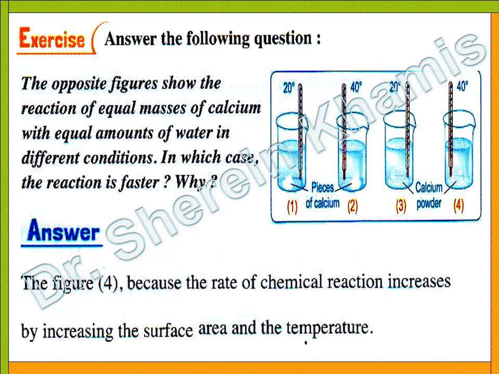Figure 4 here will be the faster one as it has high temperature and also powder, so the surface area exposed to reaction increases. So figure 4, because the rate of reaction increases by increasing surface area and temperature. We collect the two previous factors: temperature and surface area exposed to the reaction.